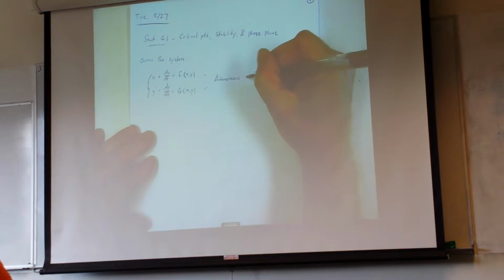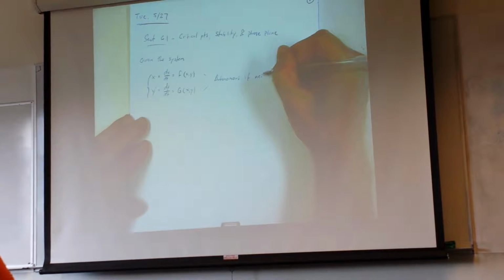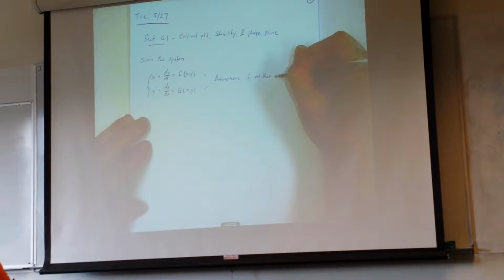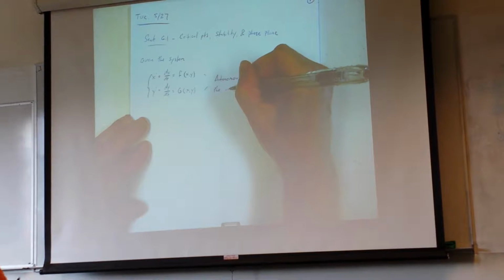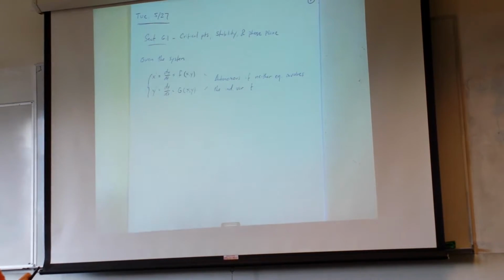So it's autonomous if neither of the equations in the system involves the independent variable t.